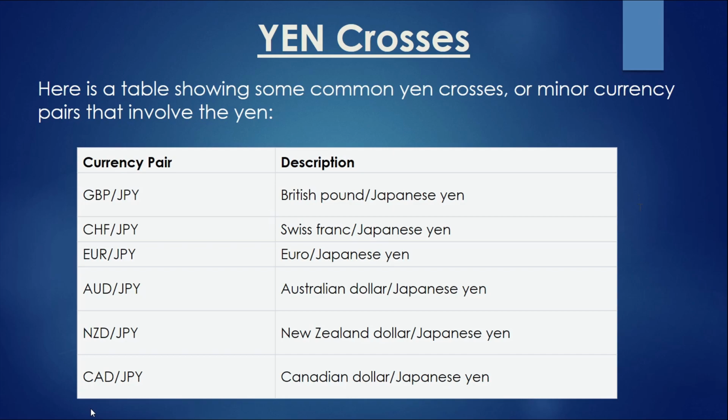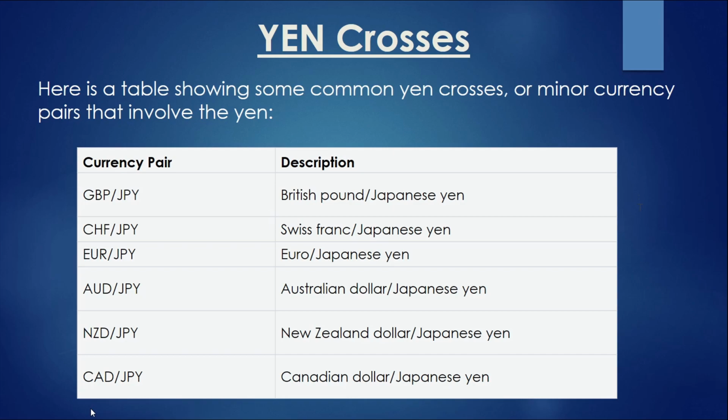And the same with the yen, anything that has yen in it is called the yen crosses. So if you hear somebody say the Euro crosses or the yen crosses, he actually means those minor currency pairs that include yen in them.